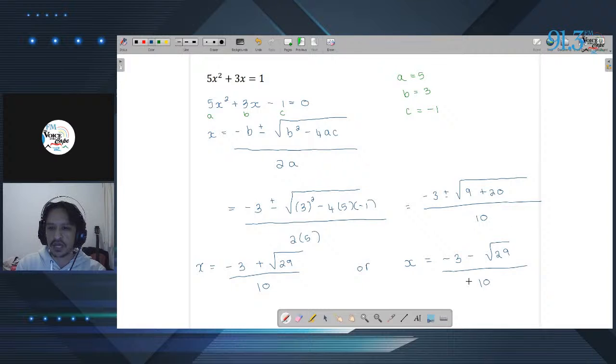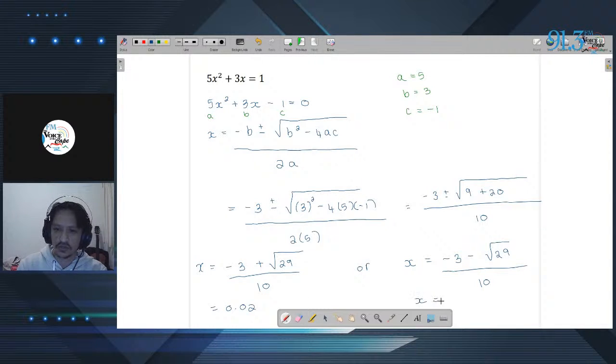Okay, and we can just plug this information into our calculator. And let me just see here. Negative 3 plus the square root of 29 divided by 10 gives me an answer of 0.02. And let me check the next one.